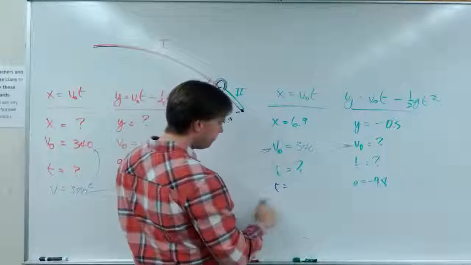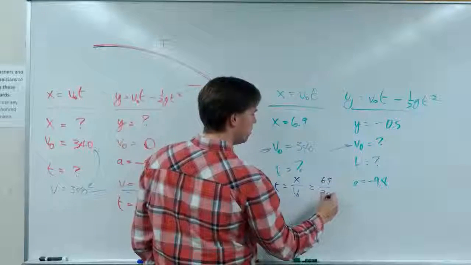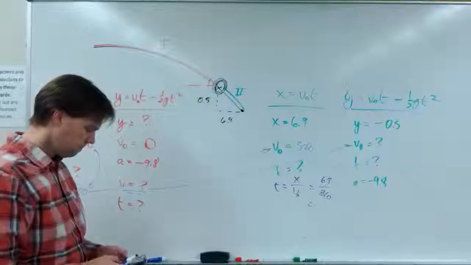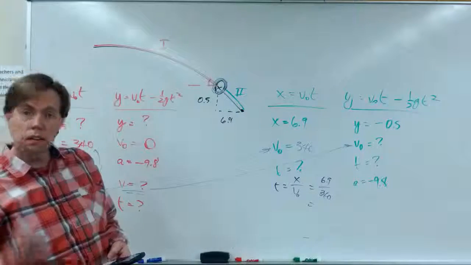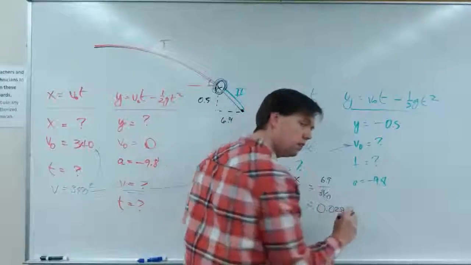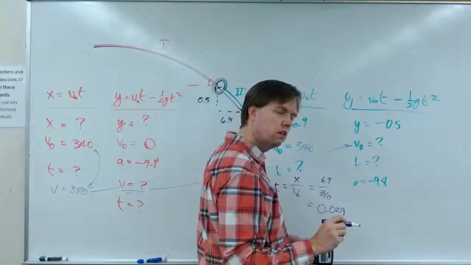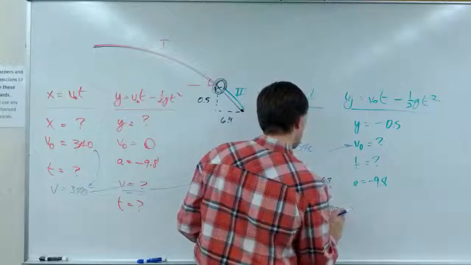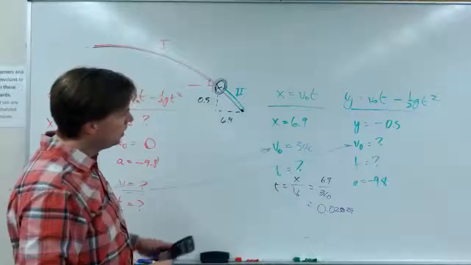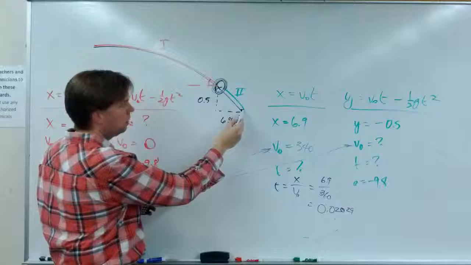T is the x divided by v0, in this case 6.9 divided by 340, which is 0.02029. Like that, 0.02029, all right. So that's how long it takes the bullet to go from here to here.